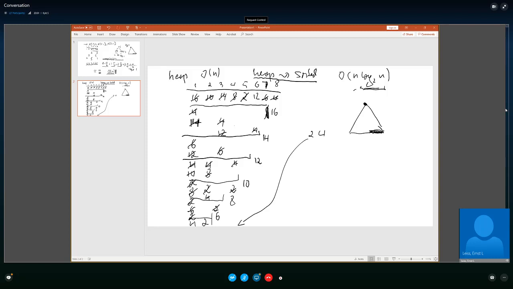The heap, of course, as I said, doesn't really have that much information. The only thing that is clearly required and implied by the heap condition is that the first element of the heap, or the root of the tree, is exactly the largest element of all the elements in the heap.